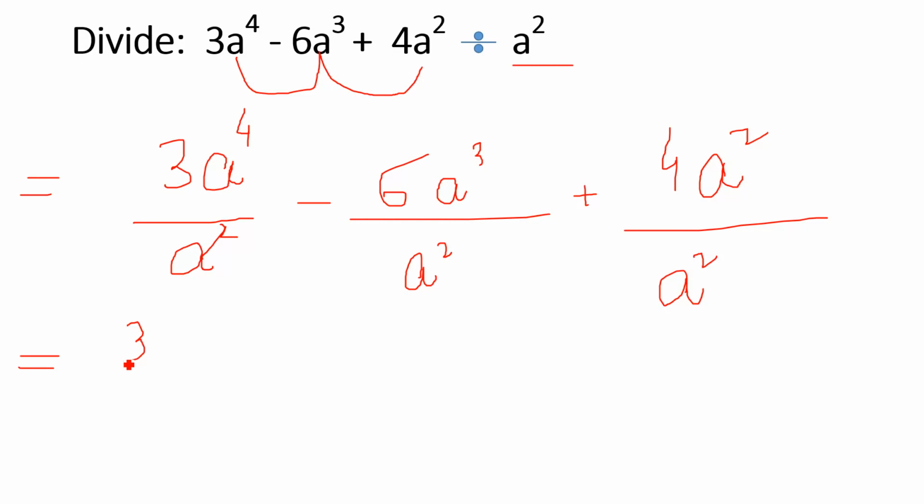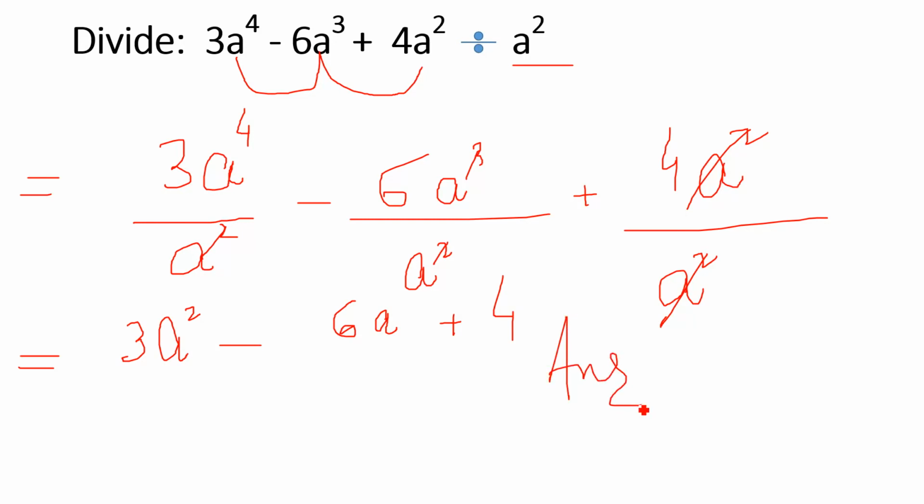In the numerator only a square is left, because here were 2 a's and here are 4 a's, so 2 a's will cross out. Then 6a cube: here are 3 a's, there are 2 a's, so we cross out 2 a's and only 1 a remains in the numerator. Plus this a square over a square, both cancel, plus 4, and this is the answer.